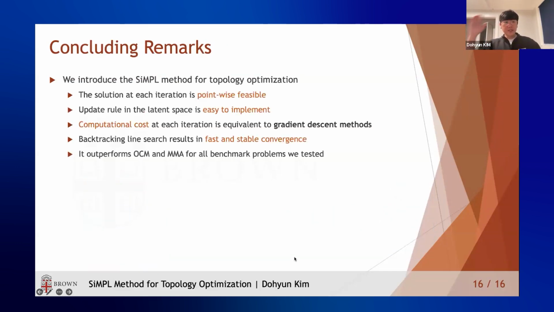So we have introduced the SiMPL method for topology optimization. The solution at each iteration is pointwise feasible because of the sigmoid function, and the update in the latent space is very easy to implement.